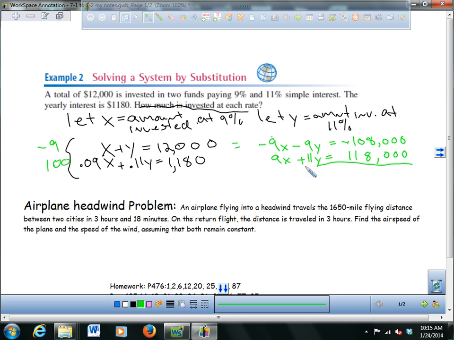And then I can add those together. I get 2y equals 118,000 minus 108,000, which is 10,000. Yep.